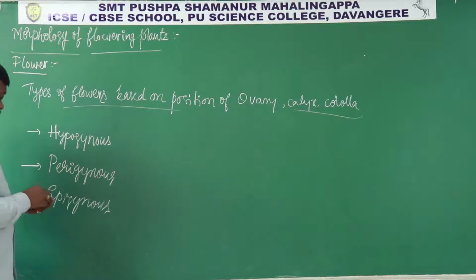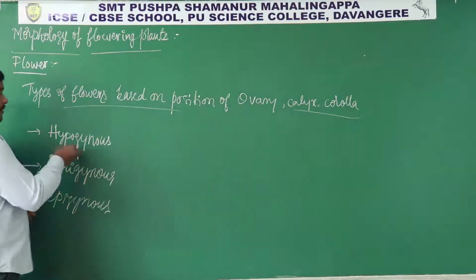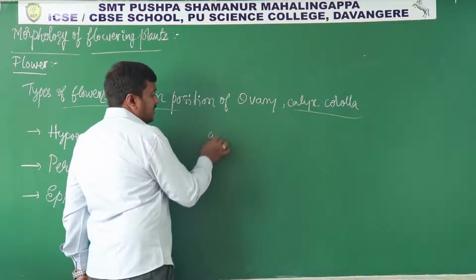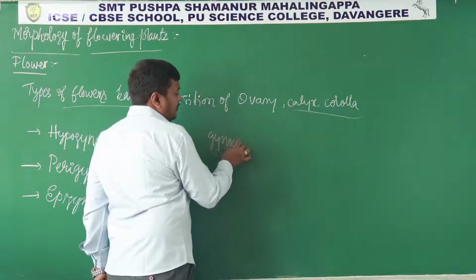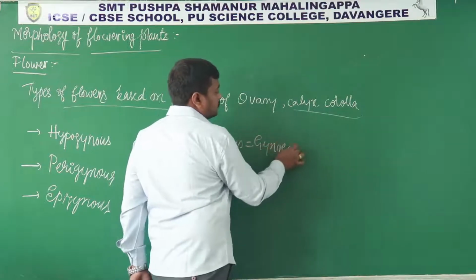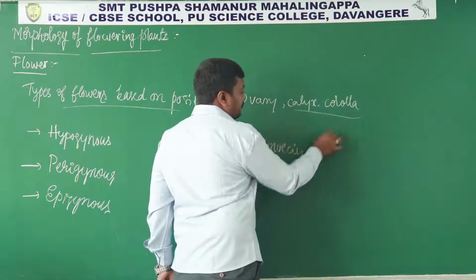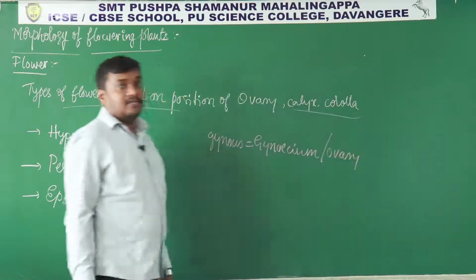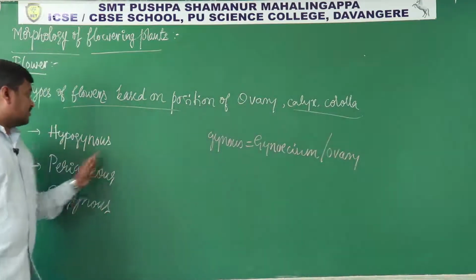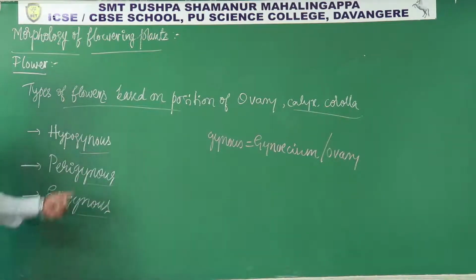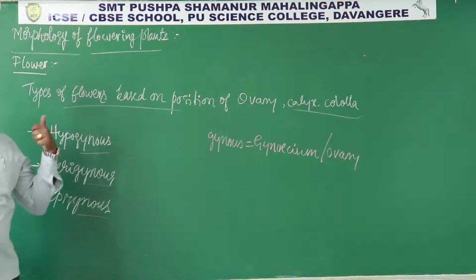Okay, so what is the meaning of hypo and gynous? Let's see. Here gynous refers to gynoecium. It is nothing but the ovary part. So gynous refers to the gynoecium or the ovary.